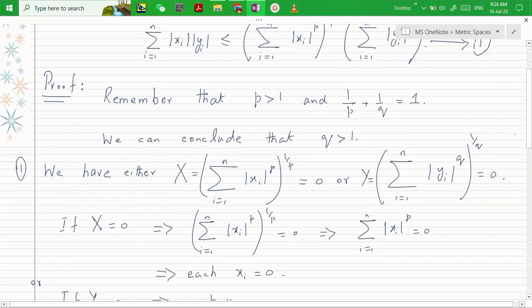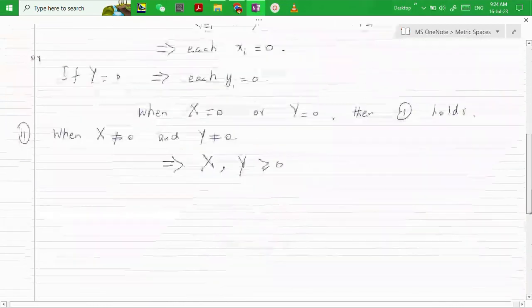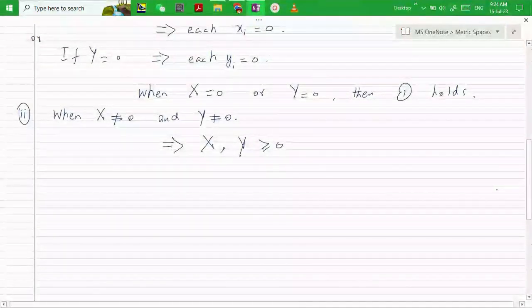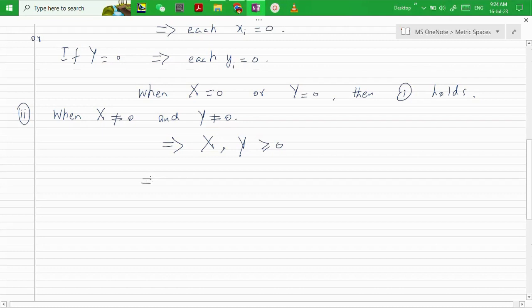So due to this modulus, X and Y can't be negative, so the only possibility is that X and Y are non-negative. And this implies, when X is non-negative, then what happens?